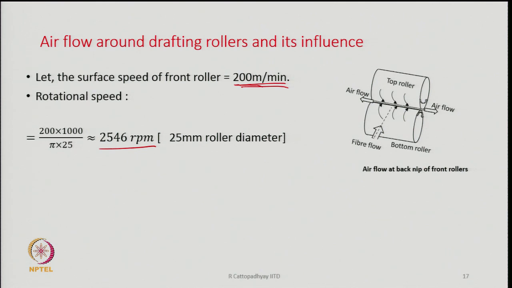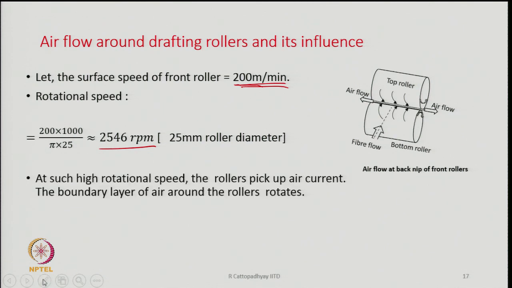There the speed could be 250, 280 rpm in that range, because there the linear or surface speed of the roller is of the order of 15, 18 or 20 meters per minute at the most, and here it is 10 times that. So, the rotational speed also is very high. At this high rotational speed, some problems will be generated and we have to tackle those problems.